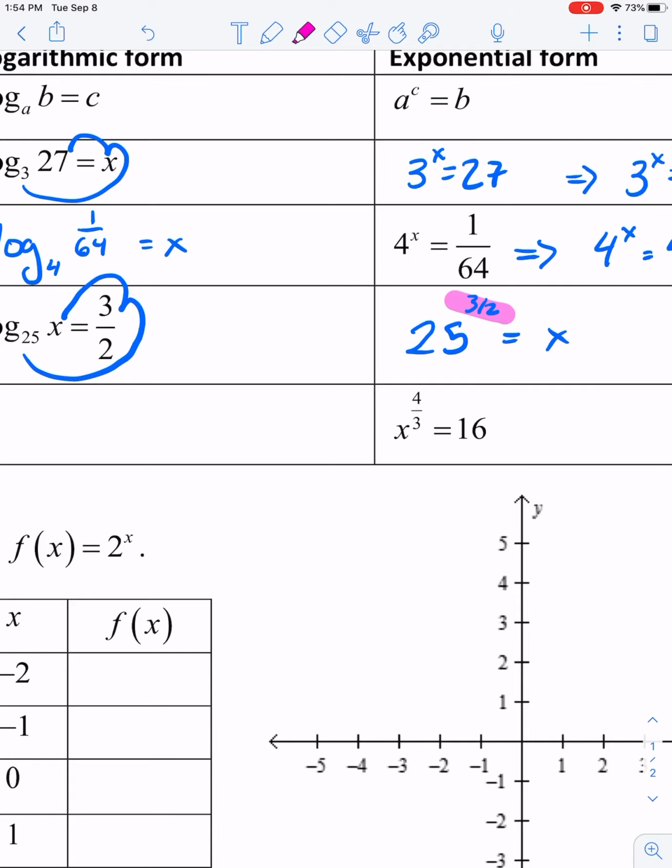For the most part, I would write a fraction with a nice horizontal line, and it helps with the confusion, except I don't always do that in the exponent, because it just gets a little cluttered. If I have 25 to the 3 over 2, you can do that, I just find that I don't do a good job with that writing. So that's the only time that I personally will write a little slanted.